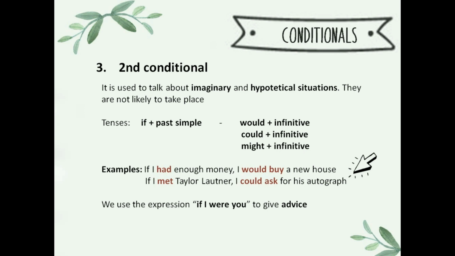And it is not "if I was you", although that is accepted, especially in spoken English. But in formal contexts, it is better for you to say, "if I were you". In the example, you can see this sentence, which is, if I were you, I could get a new job.